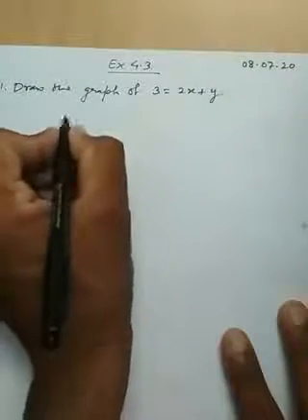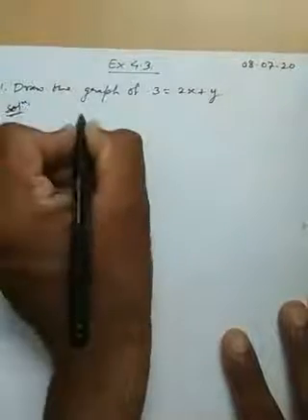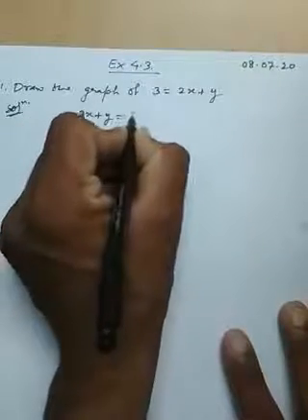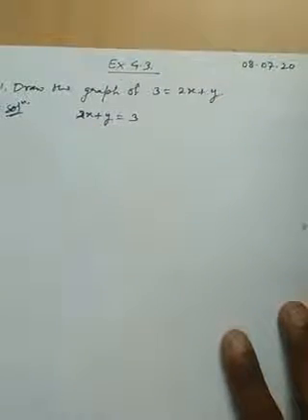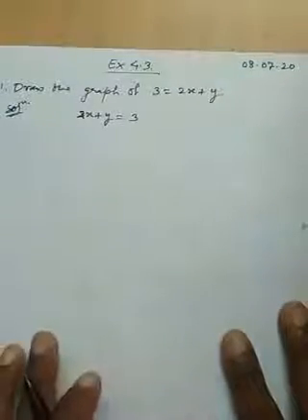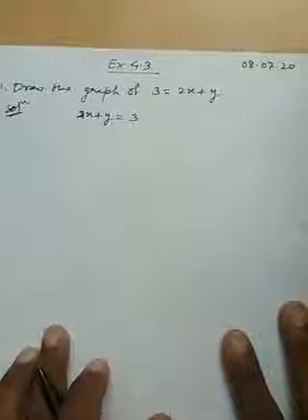linear equation. So the given linear equation is 2x plus y equal to 3. For plotting the graph on a Cartesian plane, first of all, find the solutions of this equation.